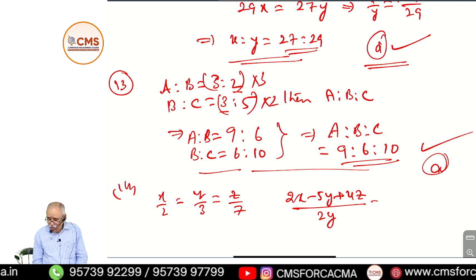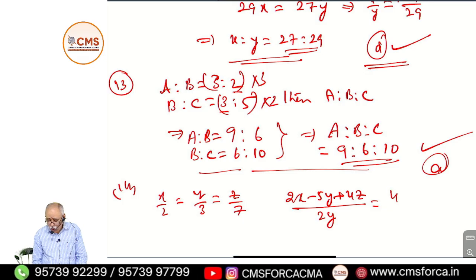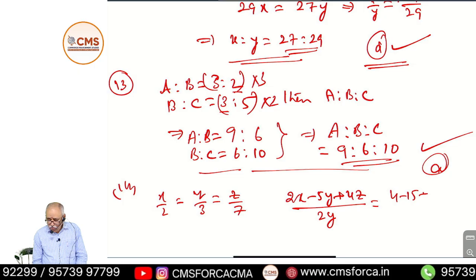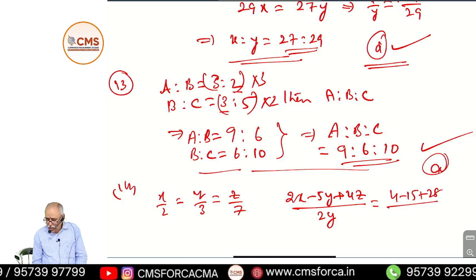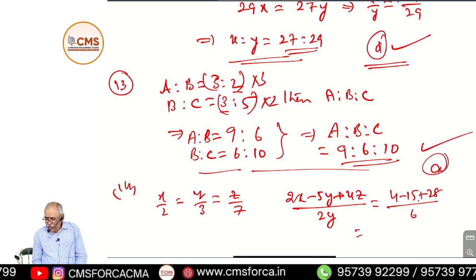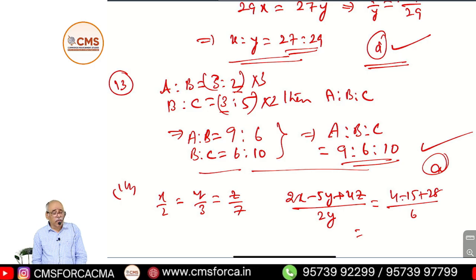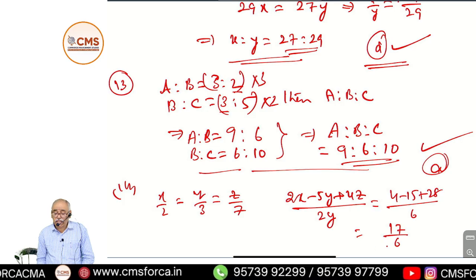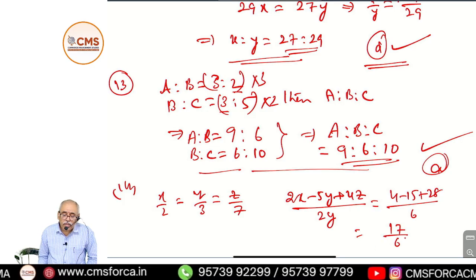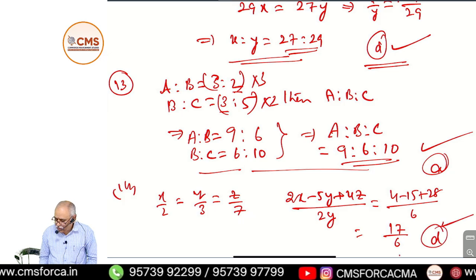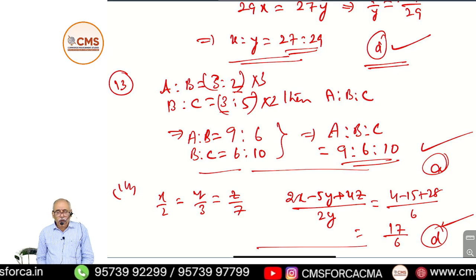If you substitute, what you will get? 2 2s are 4, 5 3s are 15, 4 7s are 28, plus 28, by 2y, 2 3s are 6. So 32 minus 15, which is 17, by 6. 17 by 6, option D is correct.